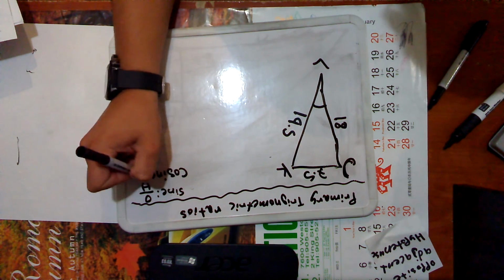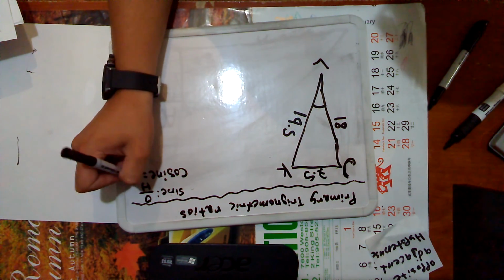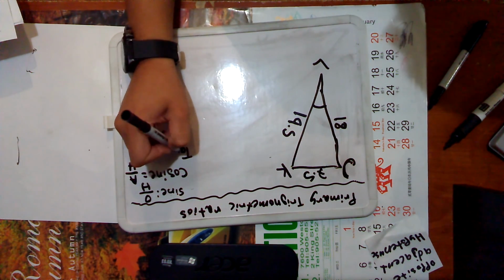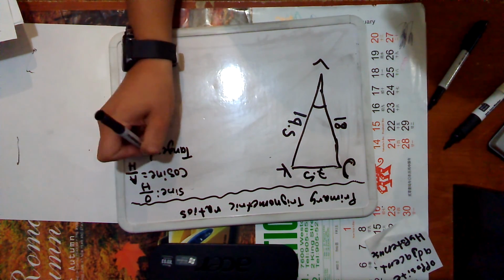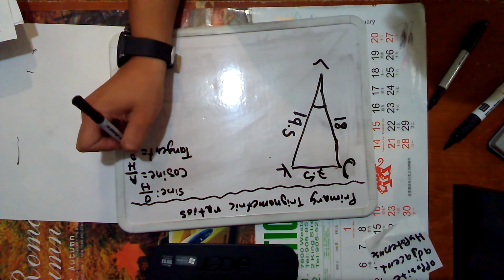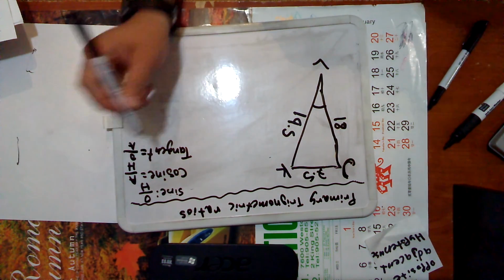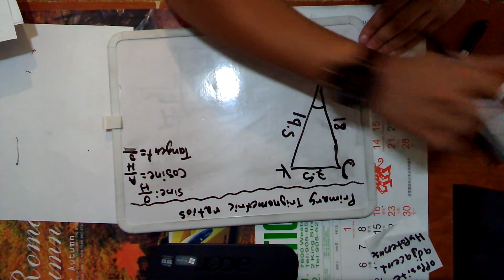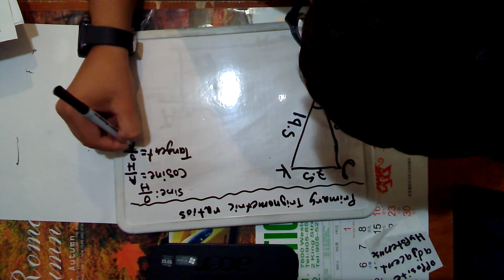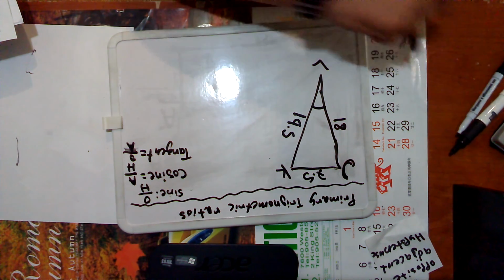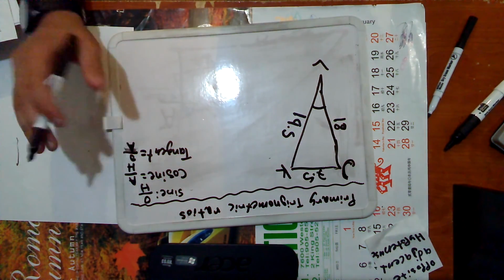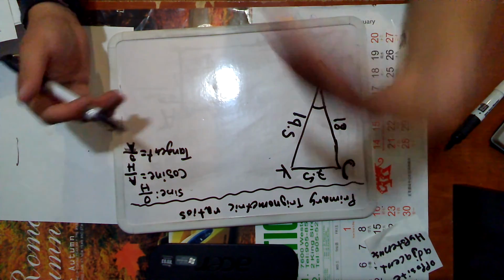Cosine is adjacent over hypotenuse. And tangent equals opposite over adjacent.